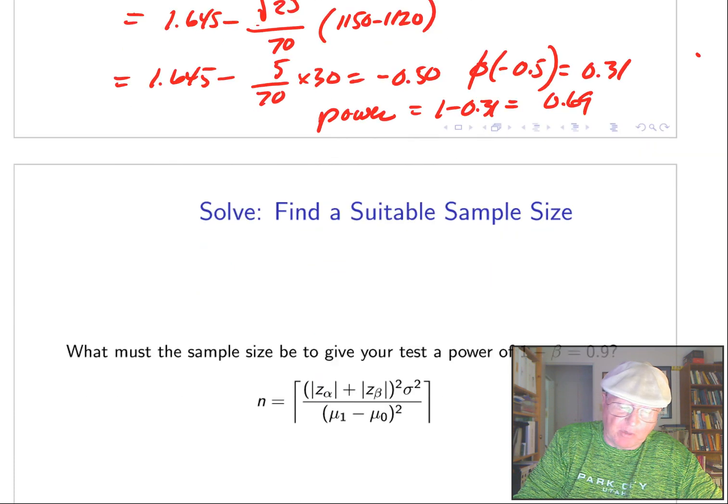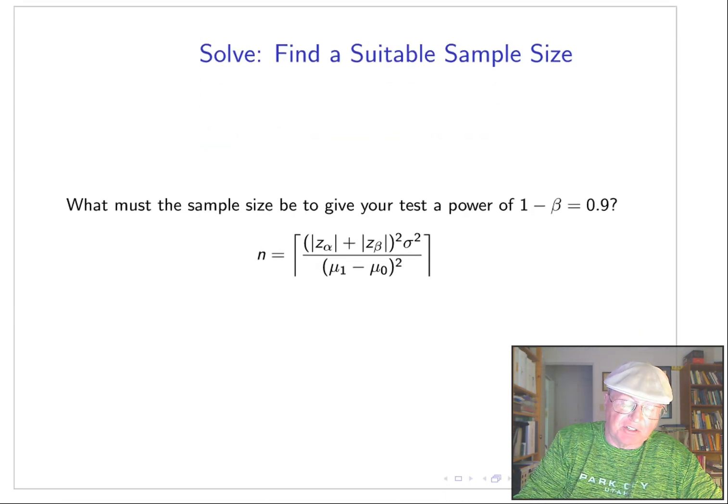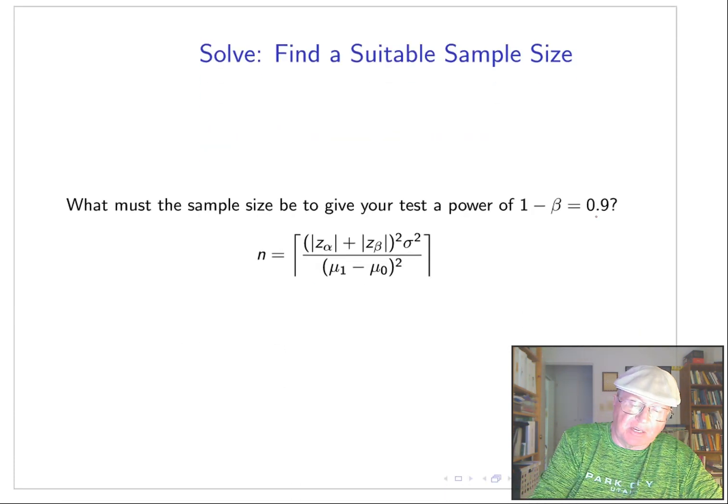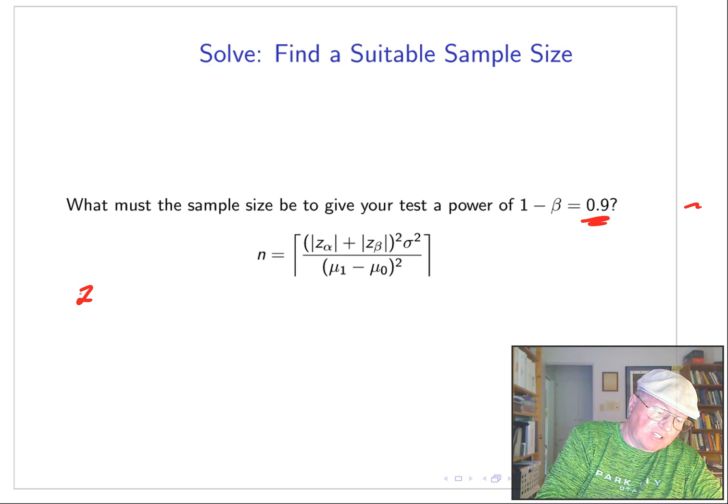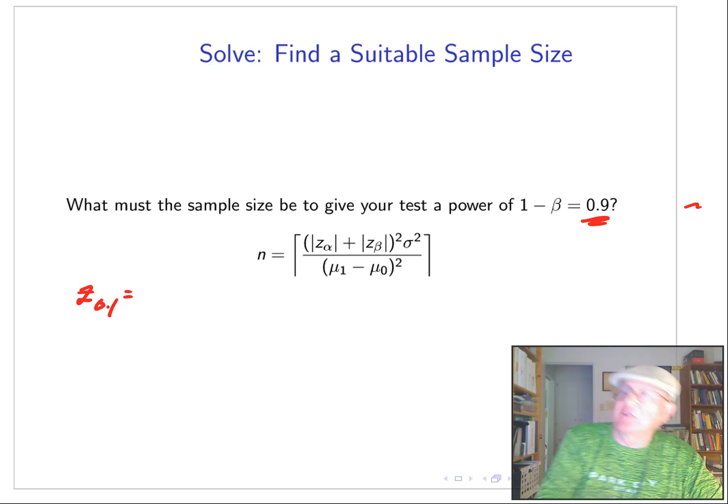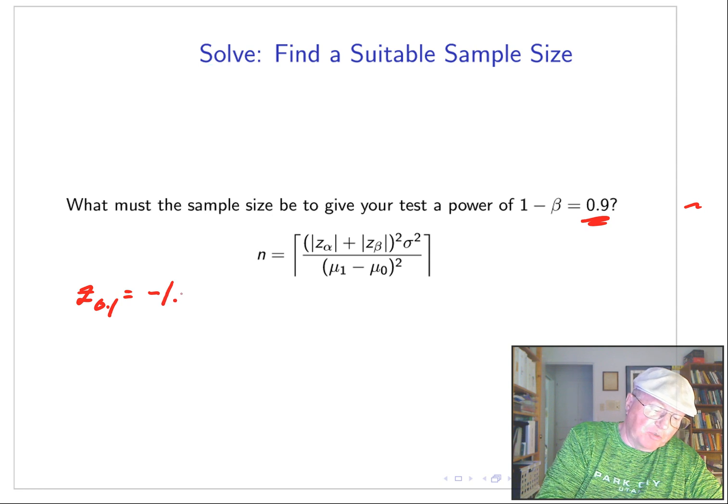So we might want to find a suitable sample size. If we'd like the power to be 90%, then the Z for 10% works out to be minus 1.28. We can check that out in the normal table.